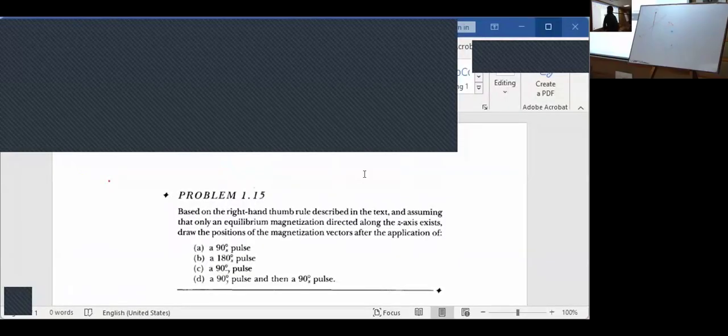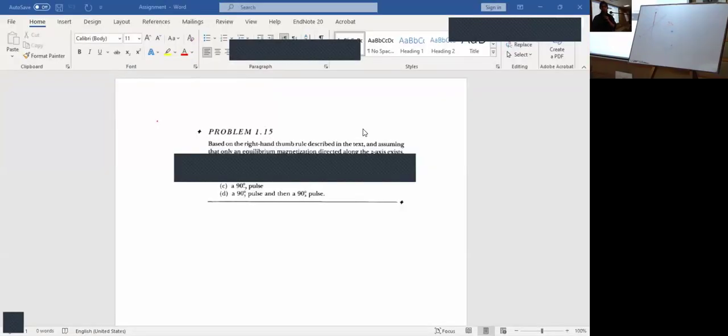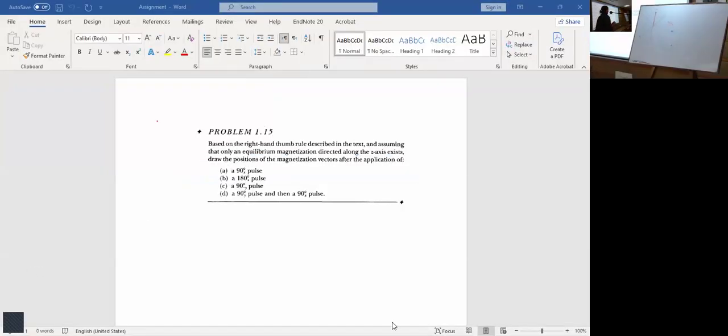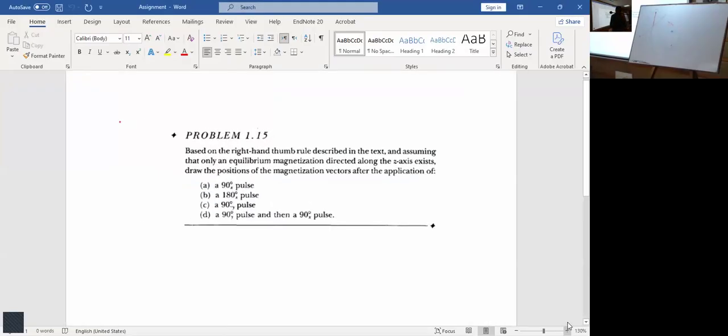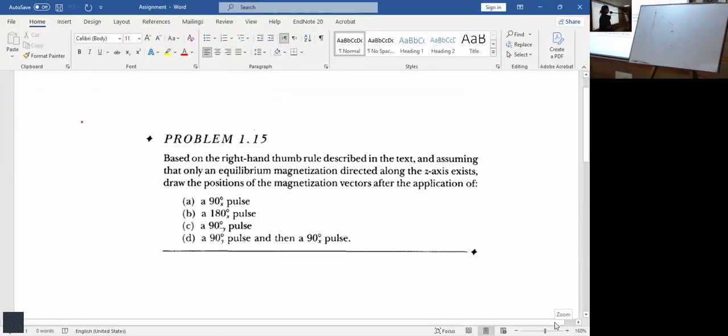Okay, now there are 4 different cases, and based on what we have learned till now, we will use that concept and bring the magnetization vector accordingly. Your magnetization vector is at plus Z. You have to answer all of these individually. Always your magnetization vector is at M not, at plus Z direction for the current situation.